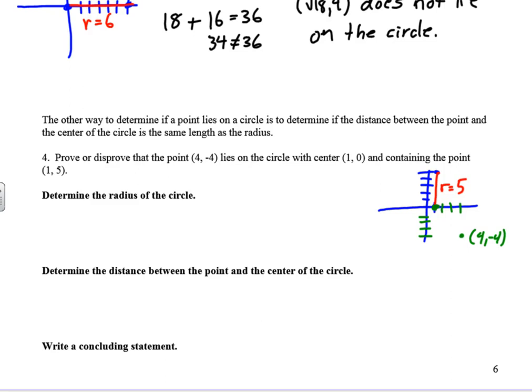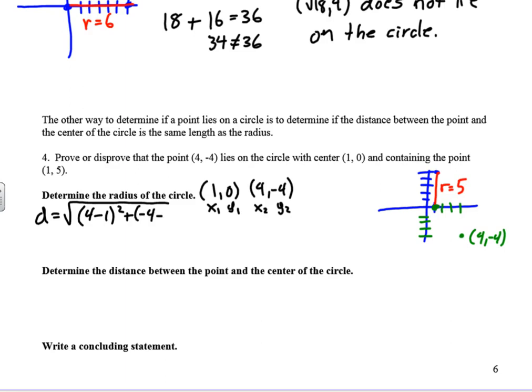So if we already know the radius is 5, and we take (1, 0) and (4, -4), there's our x1, y1, x2, y2, and we find the distance. So the d here stands for distance, not diameter, which is the square root of x2 minus x1 quantity squared plus y2 minus y1 quantity squared.